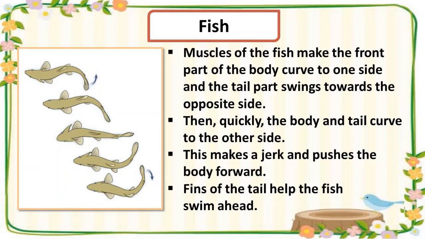Then quickly the body and tail curve to the other side. This makes a jerk and pushes the body forward. A series of such jerks make the fish swim ahead. This is helped by the fins of the tail.